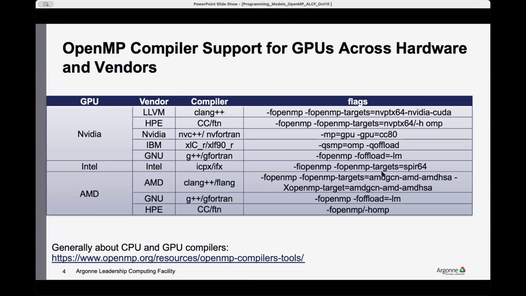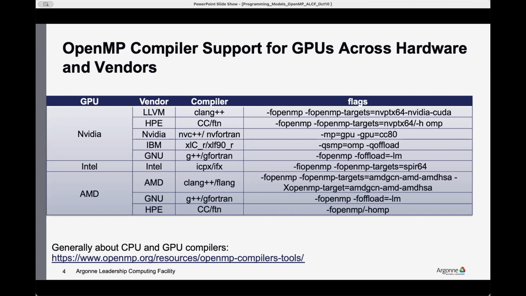So just going over the OpenMP compiler support for GPUs to make it very concrete. Right now, there's support for the three main HPC GPUs: NVIDIA, Intel, and AMD. NVIDIA has pretty much the widest support of vendors which allow you to target it, shown here: LLVM, HPE, NVIDIA, IBM, and GNU.